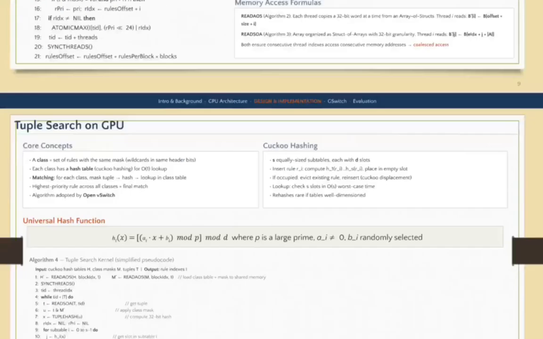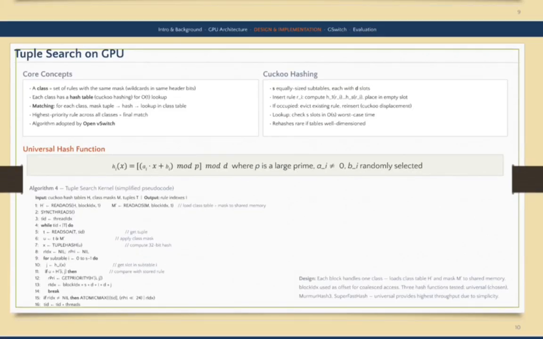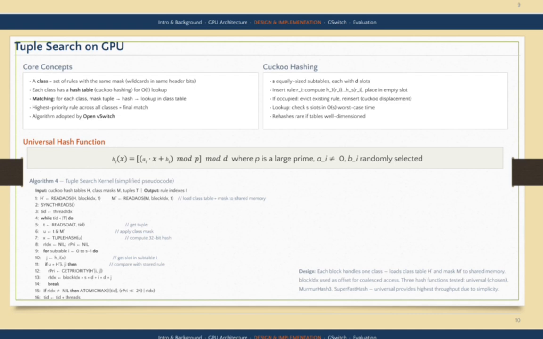Slide 10 explains the tuple search algorithm on the GPU. Unlike linear search, tuple search groups rules into classes that share the same masks. Each class uses a cuckoo hash table, allowing much faster lookups.